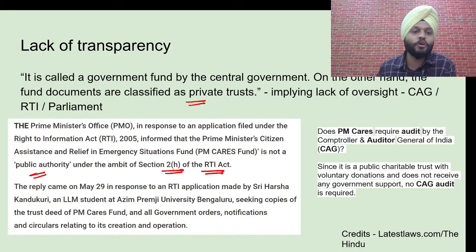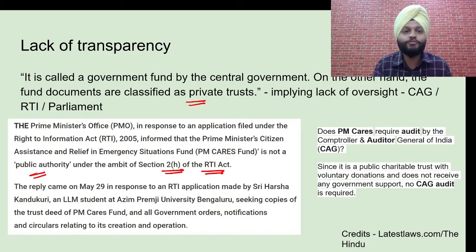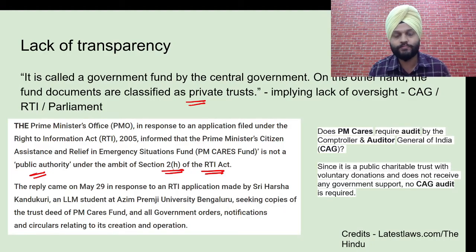So this says that it is not a public authority, basically meaning that the government does not have ample control over the institution of PM Cares Fund, and therefore it should not be liable with respect to the RTI Act. Two RTIs famously were submitted, but the government denied both on the grounds of Section 2(h) of the RTI Act.